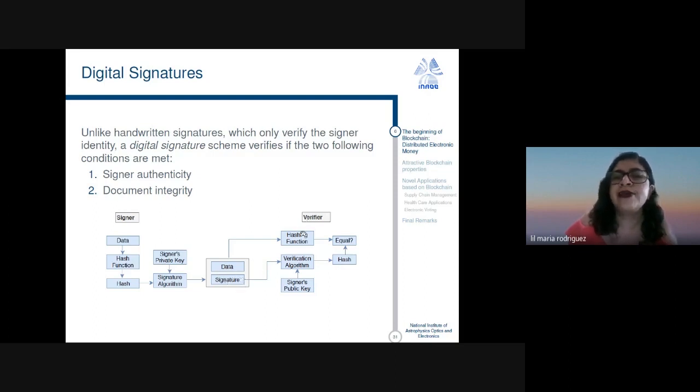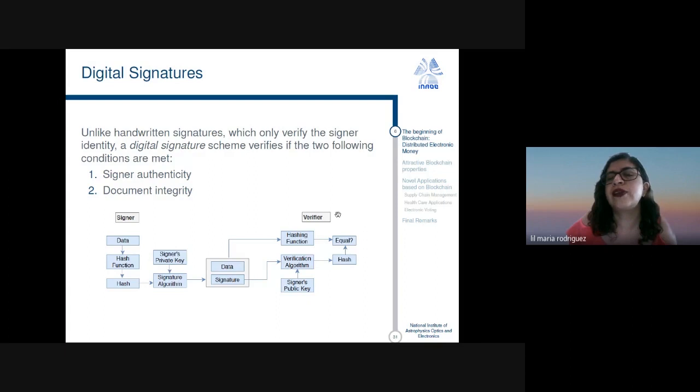The verifier has to compute the hash function again over the data, and with that he will get a digest. On the other hand, he can apply the verification algorithm to the signature by using the signer's public key. With that, we will have a second digest, and we can compare the two of them. If they are equal, then we know that the message is okay.